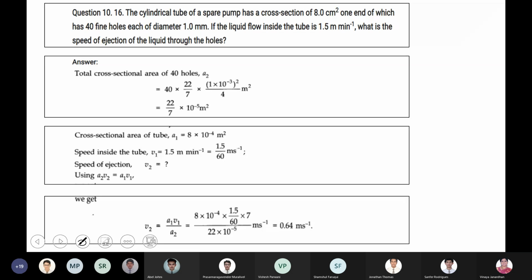It was a textbook numerical. Are you all getting 0.64 meter per second?